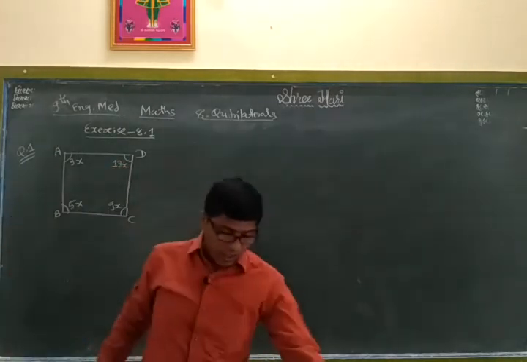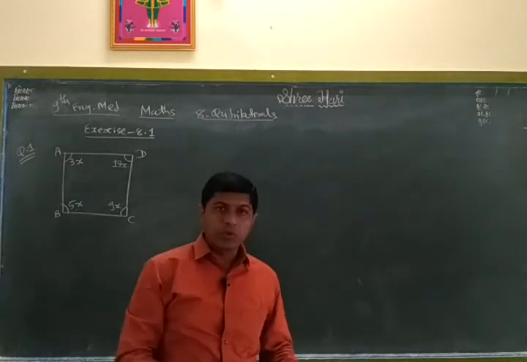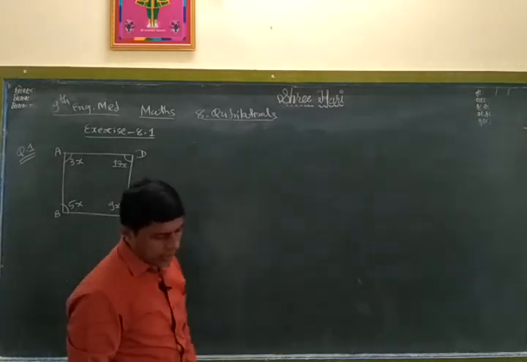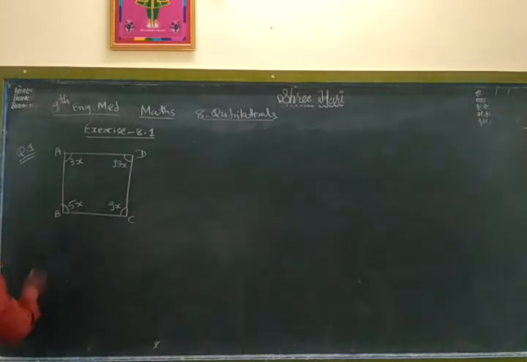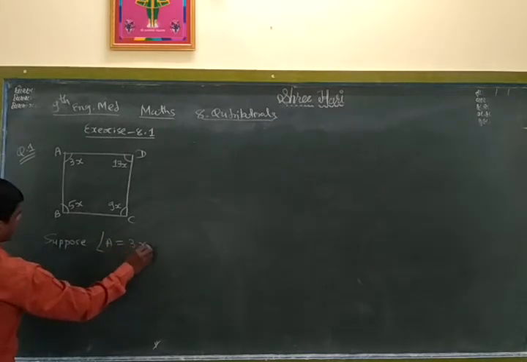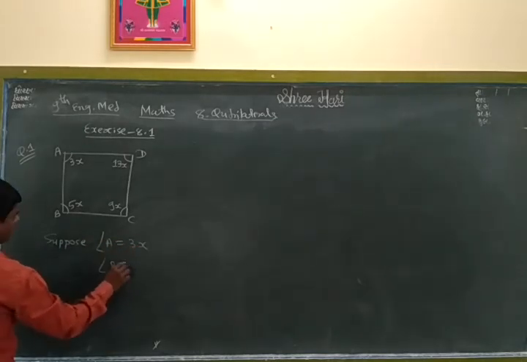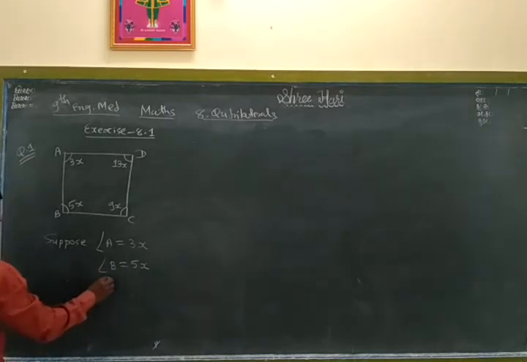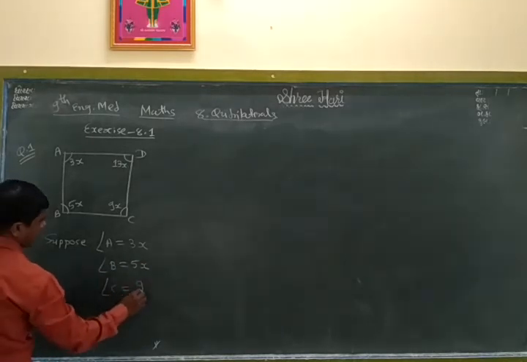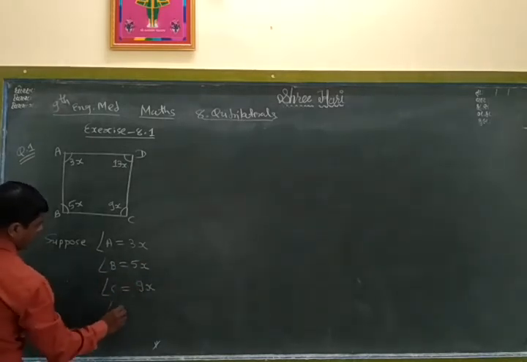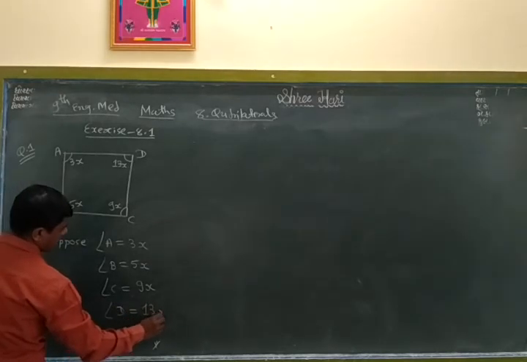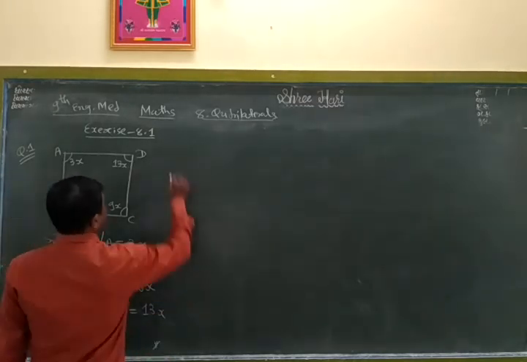Now we want to find the angles. Suppose angle A is equal to 3x, angle B is equal to 5x, angle C is equal to 9x, angle D is equal to 13x.